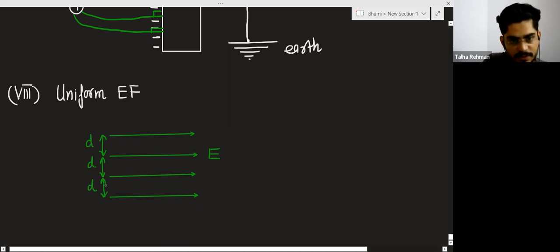This distance is the same, and this electric field is uniform.